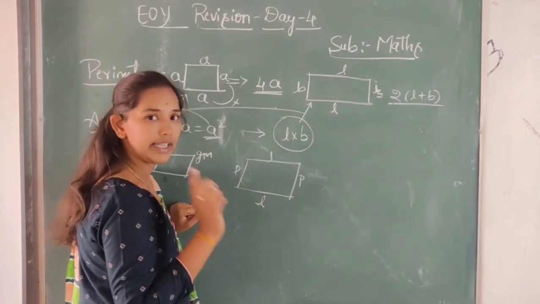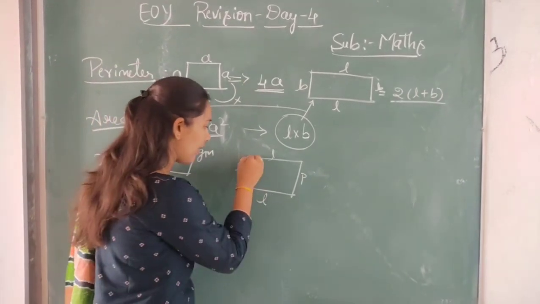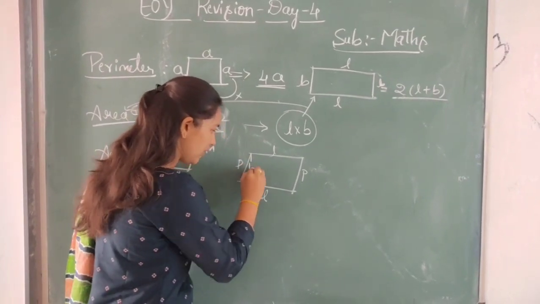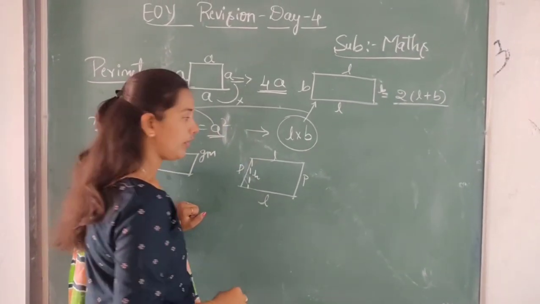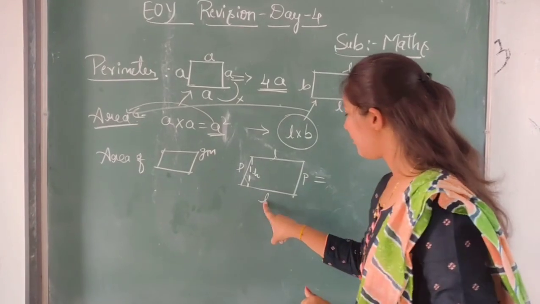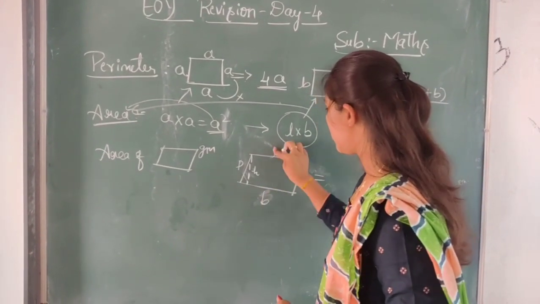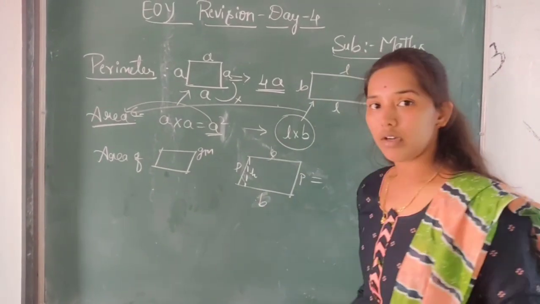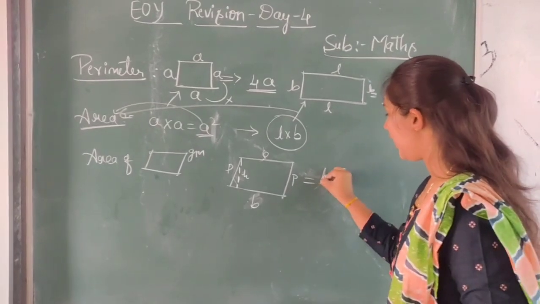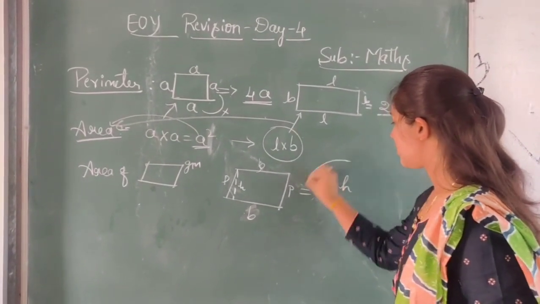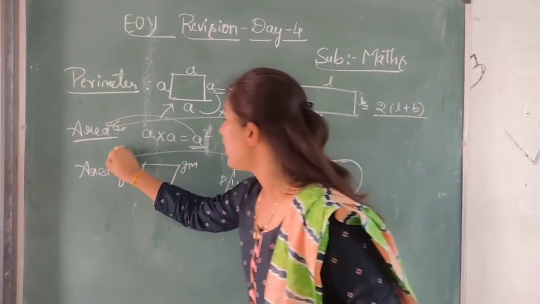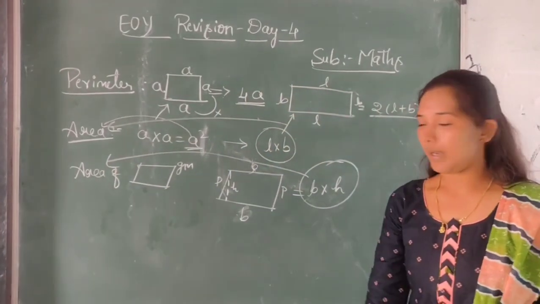P is only a length, it is not a height. So we have to construct the height, that is H. We will consider L as the base. So base into height is the area of the parallelogram.